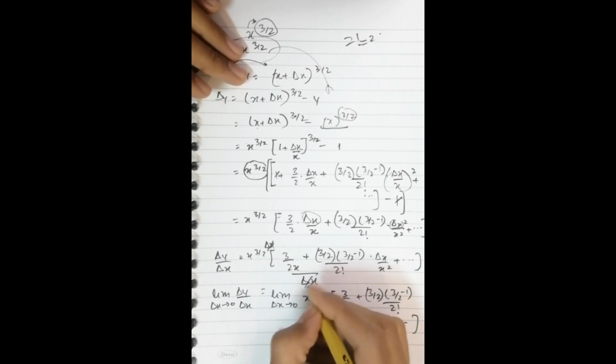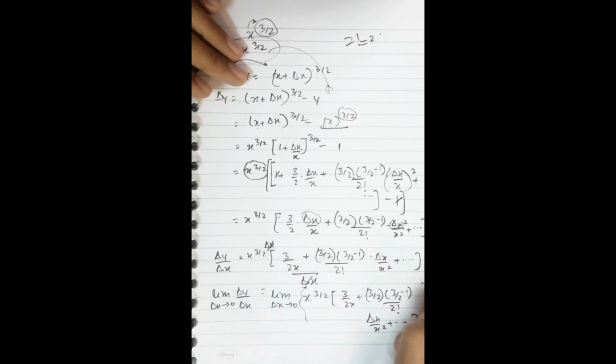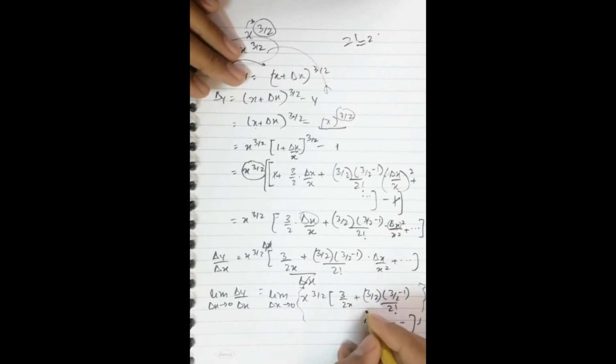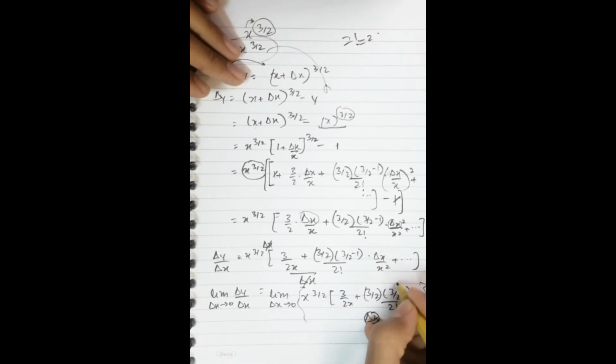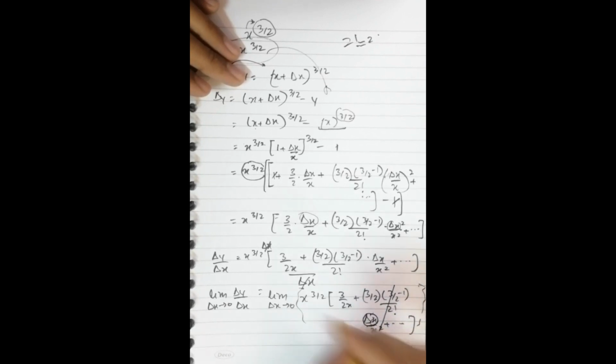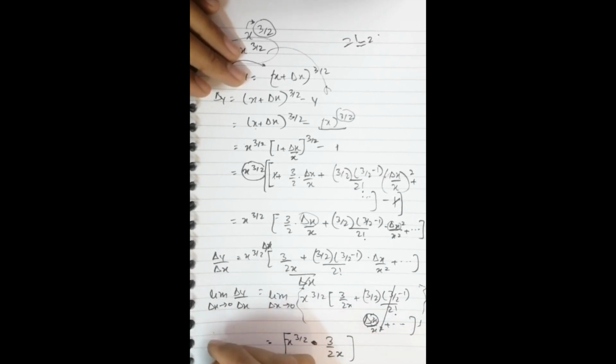Wherever there's a delta x present inside this thing, you can put a 0 over there. So there is only one delta x present, and that is over here. If I put 0 over here, everything present over here is being multiplied, and this entire term becomes 0. I can simply remove it, and x^(3/2) multiplied by 3/(2x), this is our derivative for the function.